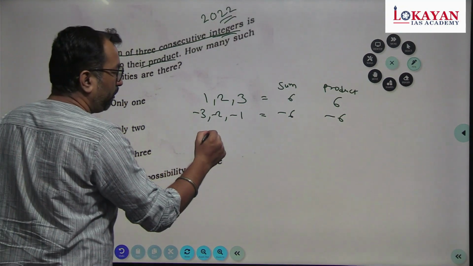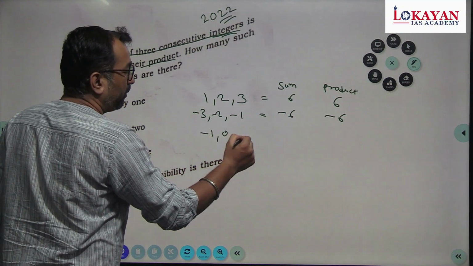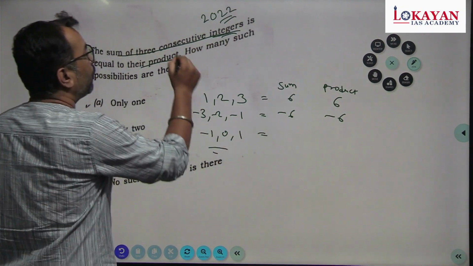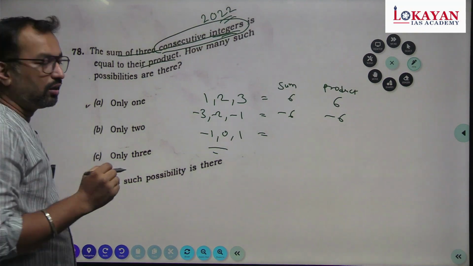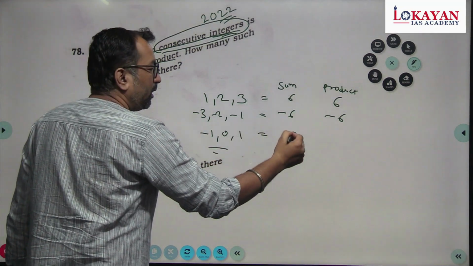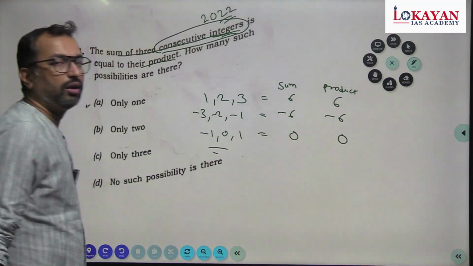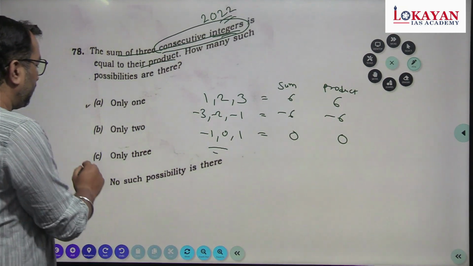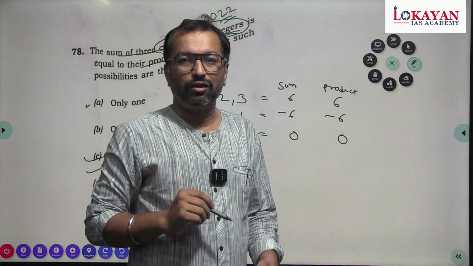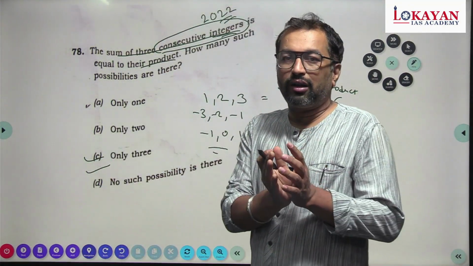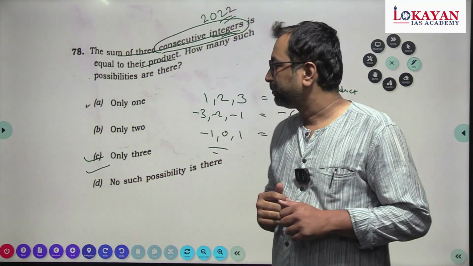Let's check. -1, 0 and 1. These are also consecutive integers, and their sum is 0 and their product is 0. So there are three such sets of consecutive integers which give us product and sum as same.